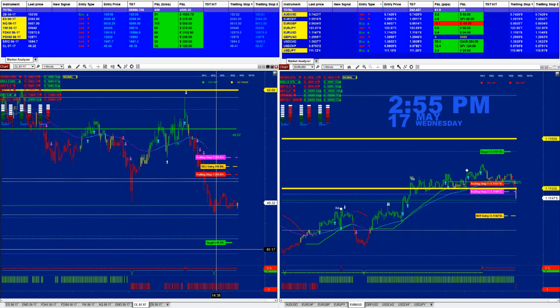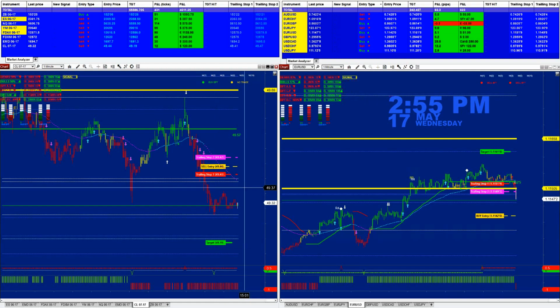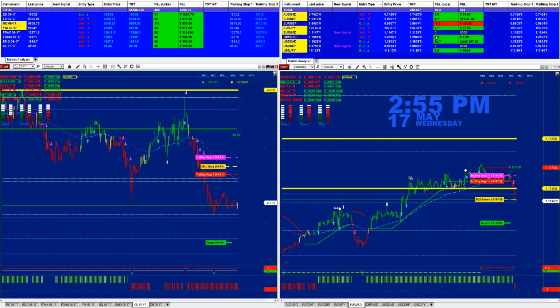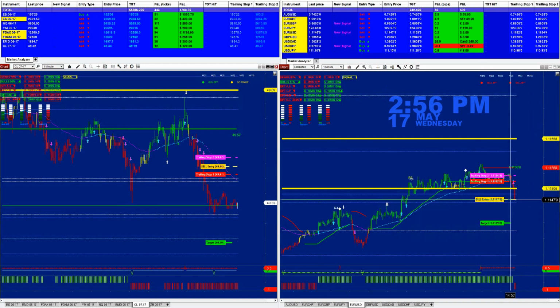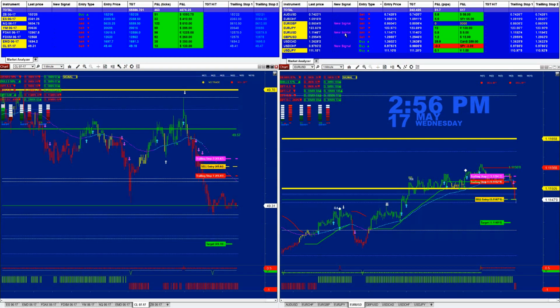Also, we had beautiful runs today on the Forex, but now look, we got a new entry on the euro dollar, and if you notice, the system tells you there is a new signal. Look how the market changed immediately. From yesterday until today, the market is really extremely fast.